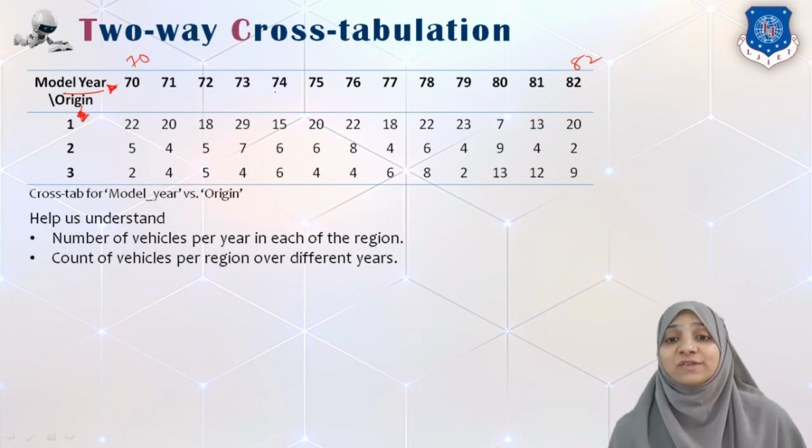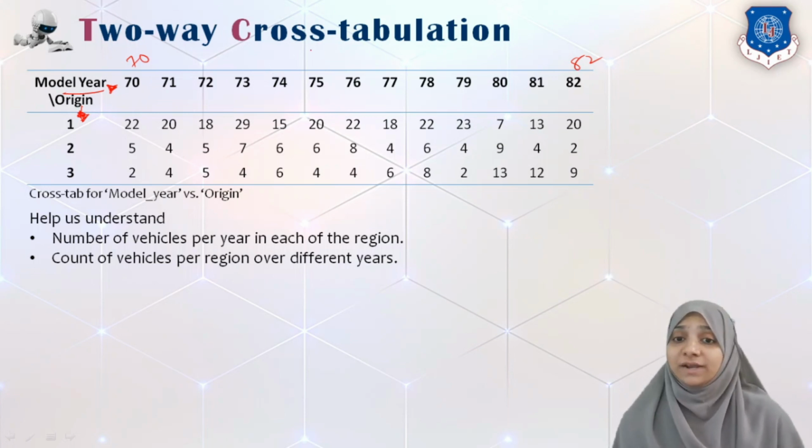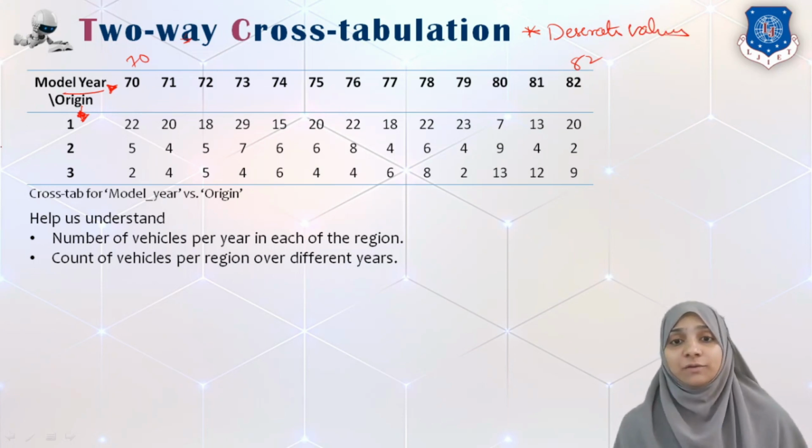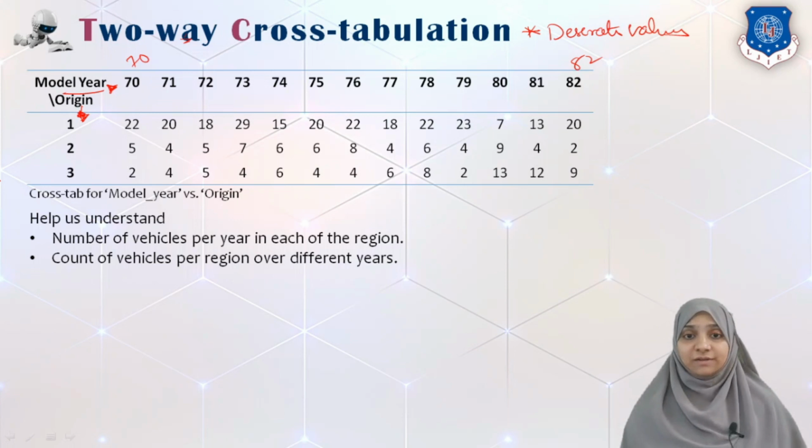If the values are real or continuous, we might not be able to prepare this cross tabulation. So an important point to mark is that it only works for discrete values, and cannot work for real or continuous values.